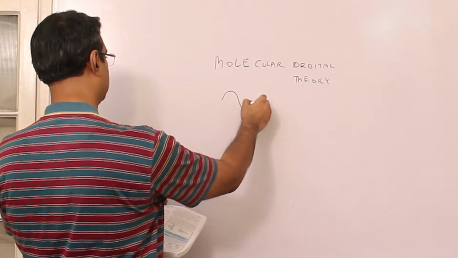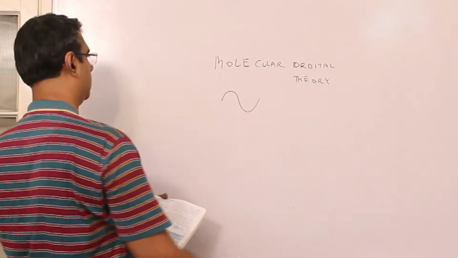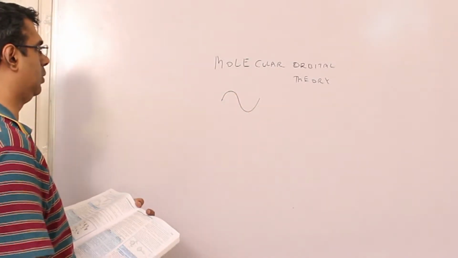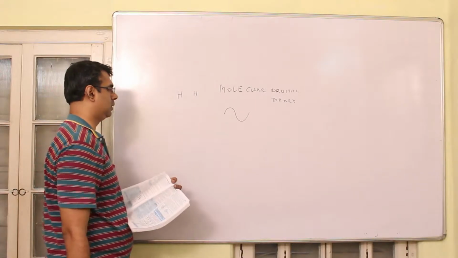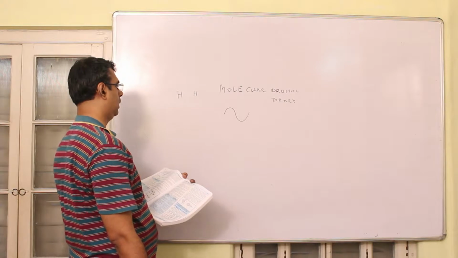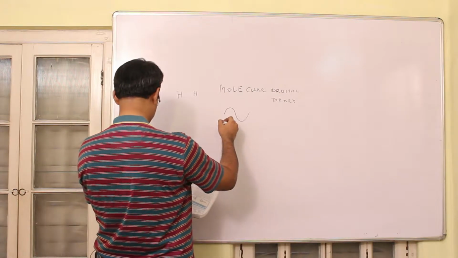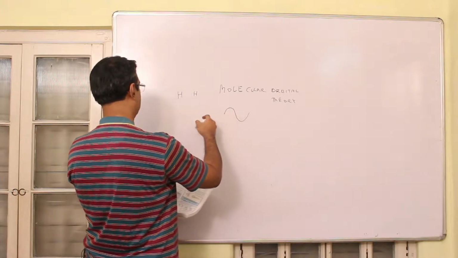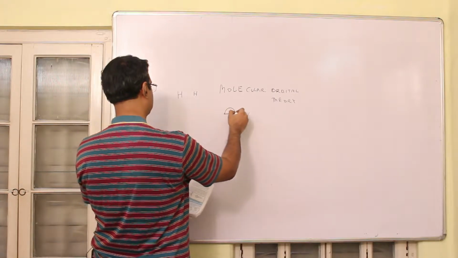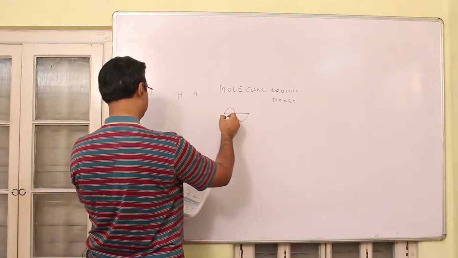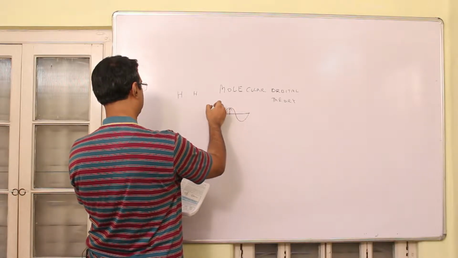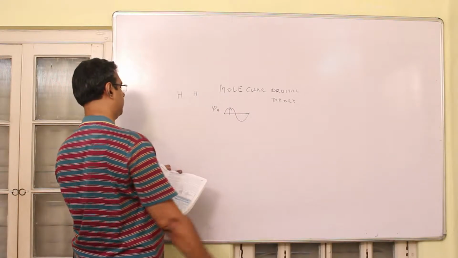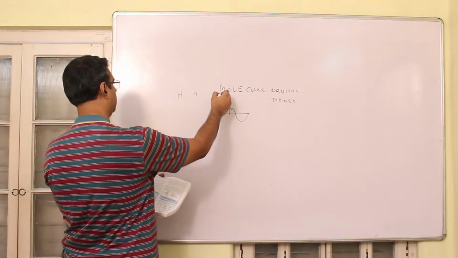Now, suppose there are two atoms about to participate in a covalent bond. Let's say two hydrogens are approaching each other to form a covalent bond. Now, the electron wave for this hydrogen, let us say the electron wave is like this, and the amplitude of the electron wave is represented by the symbol psi.